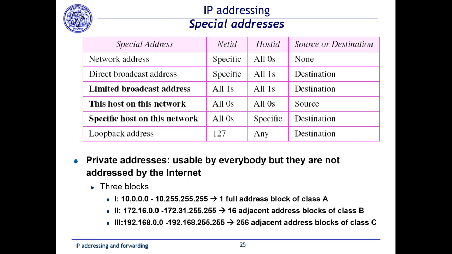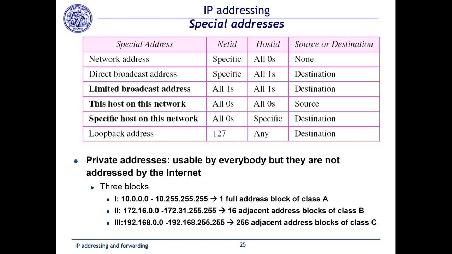And then you have the blocks of private addresses that can be reused anywhere in the internet, but they can never leave a so-called private kingdom, a part of the network that is managed and supports private addresses.